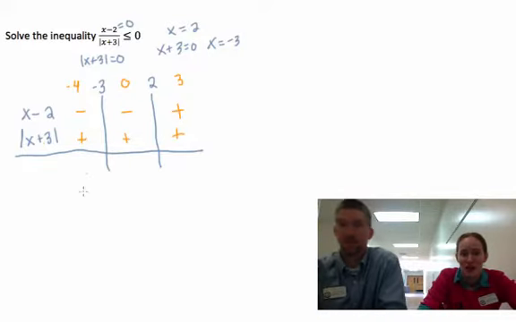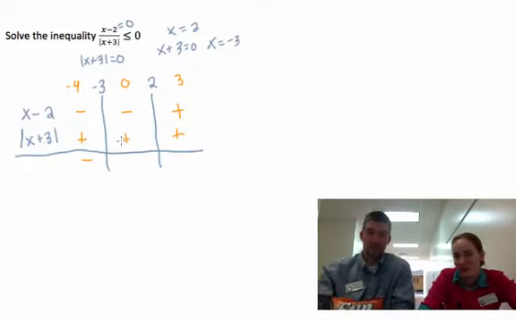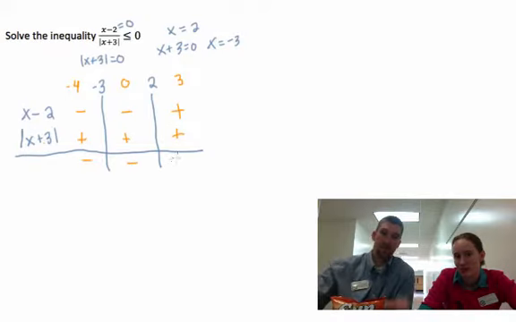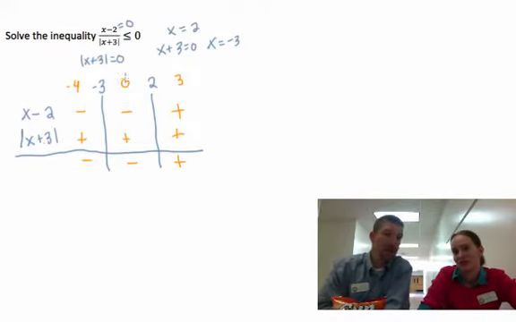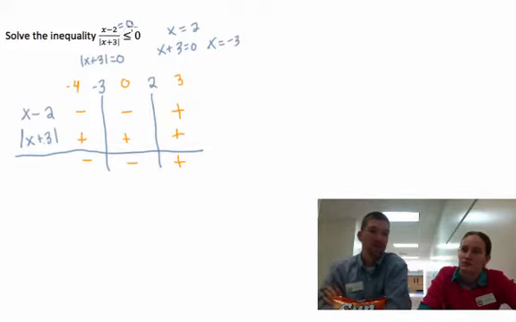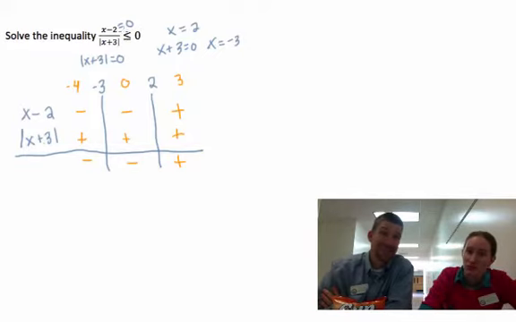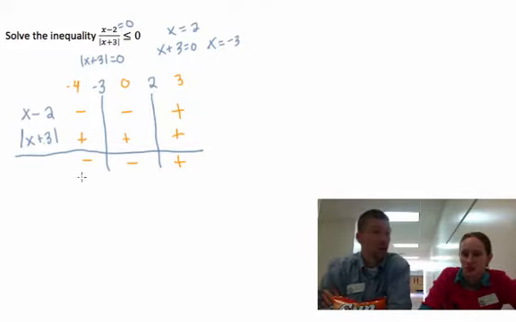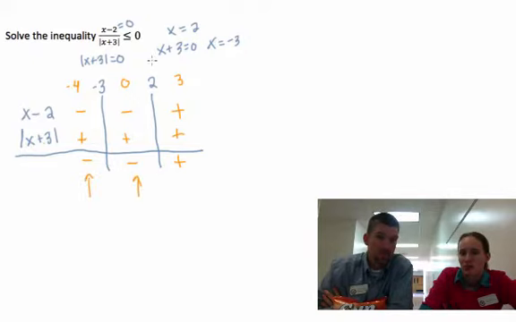You're the best. And then a negative times a positive is a negative. Positive times positive is a positive. And hey, look there, we're all done except now we have to figure out where we're less than or equal to 0. We're definitely less than in these two intervals, and we're equal to here at 2. The question is, are we actually equal to at -3?